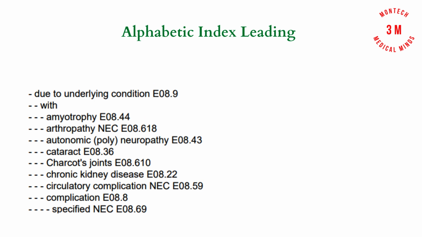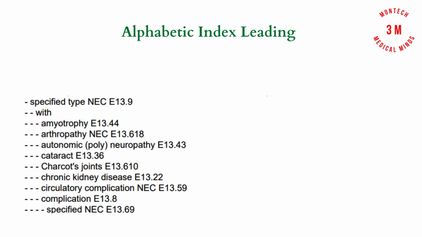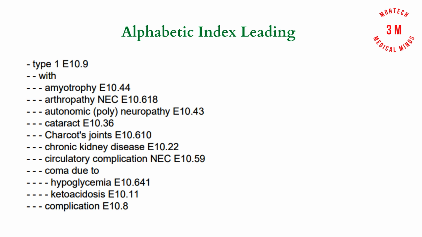Main term diabetes or diabetic and subterm due to underlying condition is E08 category. Main term diabetes or diabetic and subterm specified type NEC is E13 category. Main term diabetes or diabetic and subterm type 1 is E10 category.